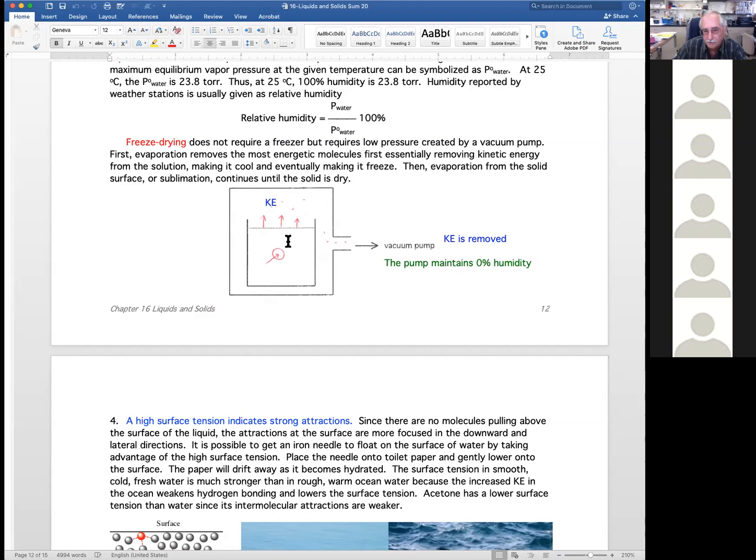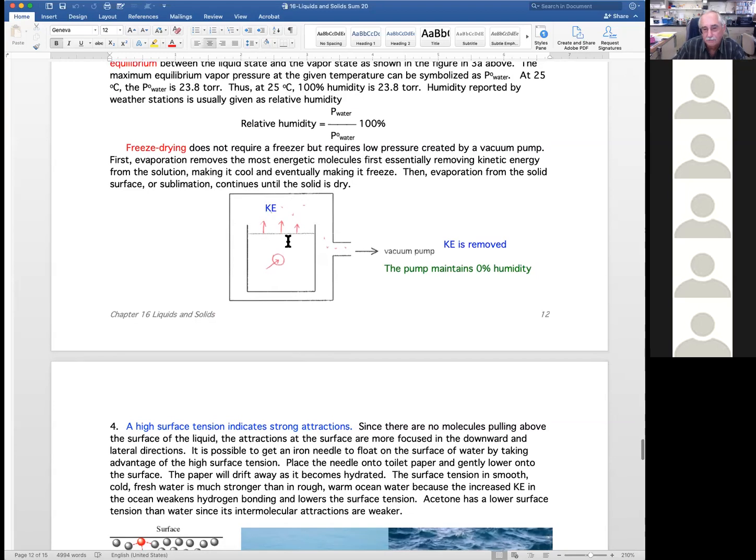And then what happens? It's sublimation. You go from the solid to the vapor directly, and then whatever gets into the vapor phase is sucked out by the vacuum pump. The vacuum pump is trying to maintain 100% humidity over here.